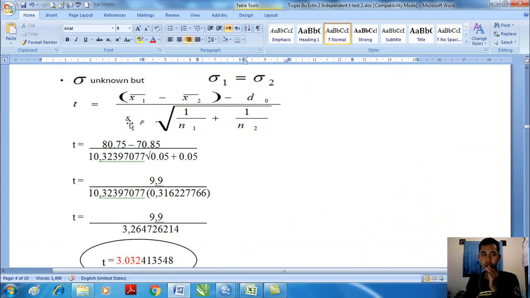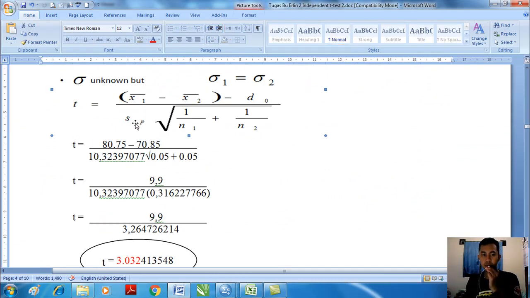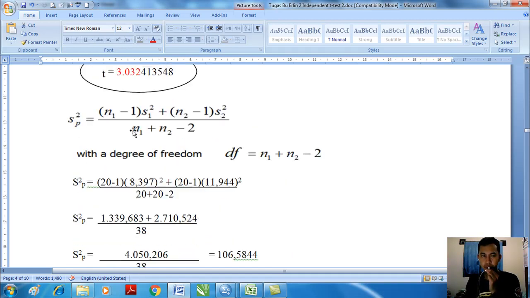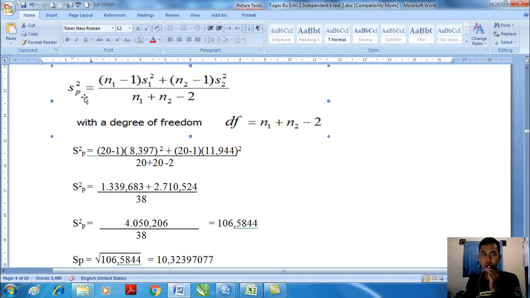Okay, this one. And then in SP, there is another formula. We find SP first from this one. S square P is mean this one.